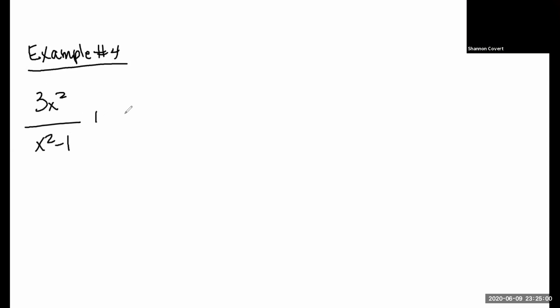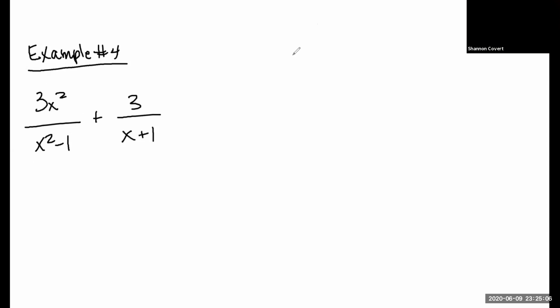This is example number 5, actually 4. This time we have 3x²/(x² − 1) + 3/(x + 1).